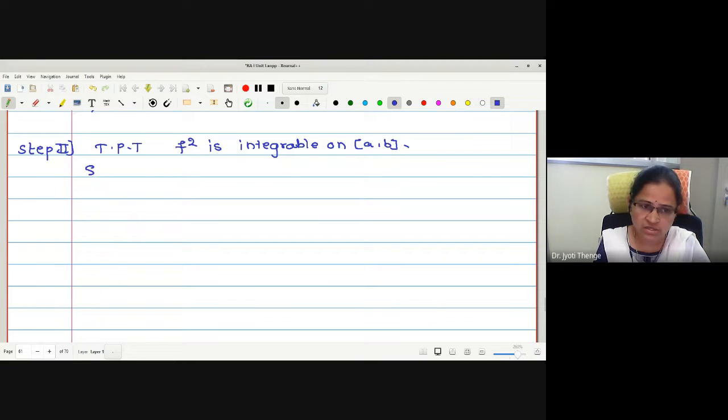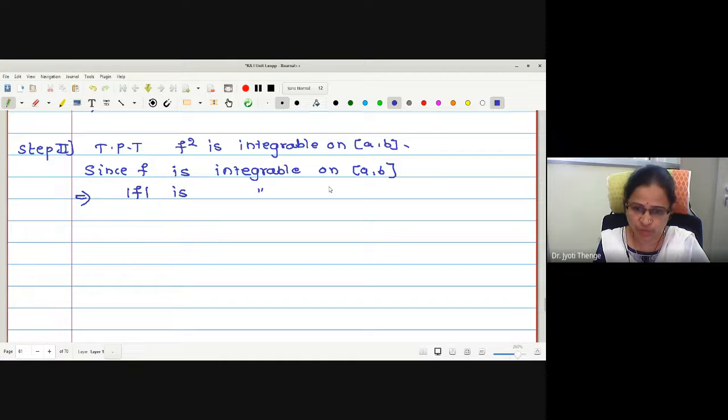Again, I will write since f is integrable on the closed interval [a, b], it implies mod f is integrable on the closed interval. I hope everyone has a clear idea why we were taking mod f.